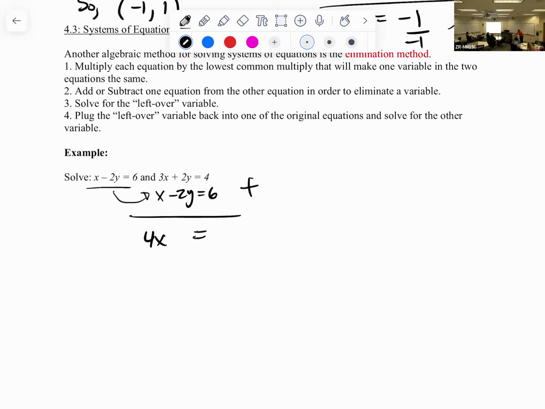And then 4 plus 6 makes 10. Divide by 4. Well, x is 10 fourths. Same thing, your last step, regardless of whether you use intersection, elimination or substitution, is always to plug back in to find the missing variable.